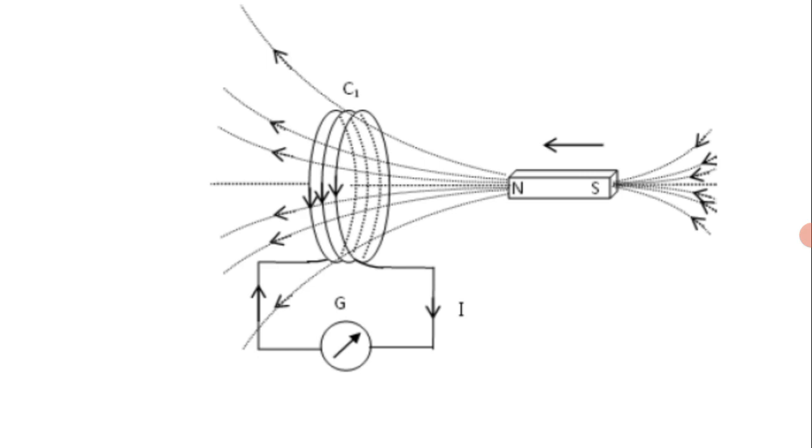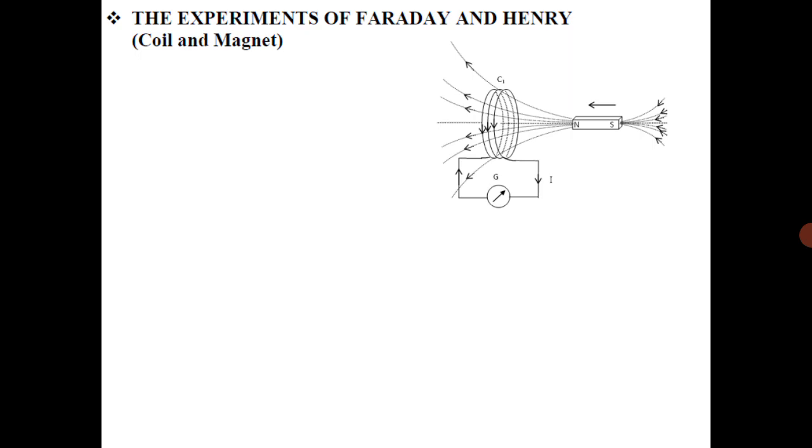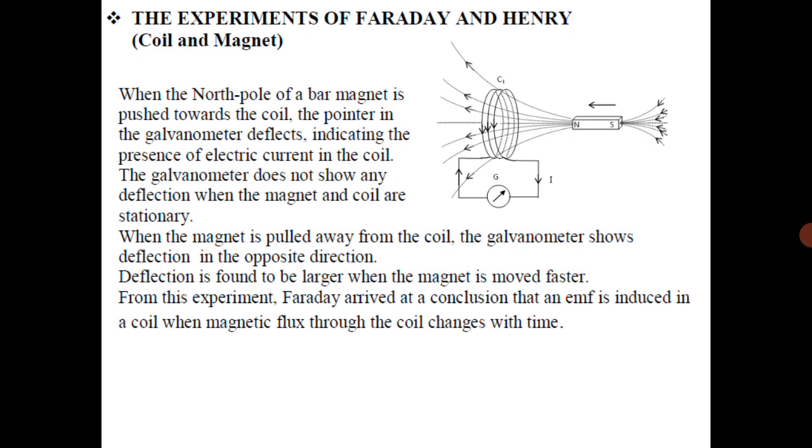Okay, so whenever there is a change in the magnetic flux which is linked with the coil or circuit, then EMF will be generated or current will be flowing through the galvanometer, and this phenomenon itself is called electromagnetic induction. Now just see the explanation of this experiment.